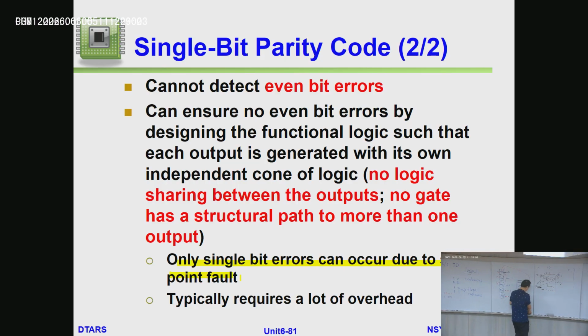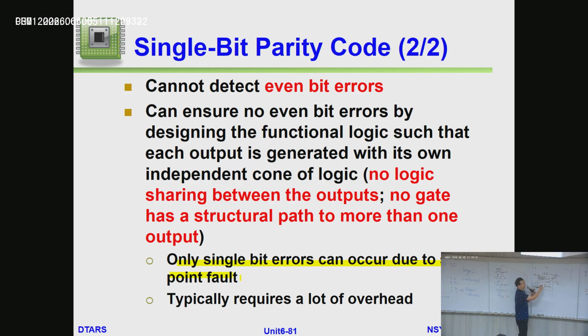This cone will determine output 1, and this is another cone, cone 2, which will determine output 2, but here you will find that there is some overlap. This overlap is called sharing.